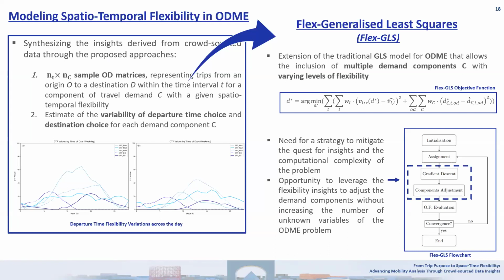I hope that every one of you is familiar with travel demand correction based on, for example, traffic counts. Well, now we have a lot of data and we have estimated flexibility in time and space. Thus, there is the possibility also to adjust the traditional correction methods in order to take into account this flexibility in time and space.